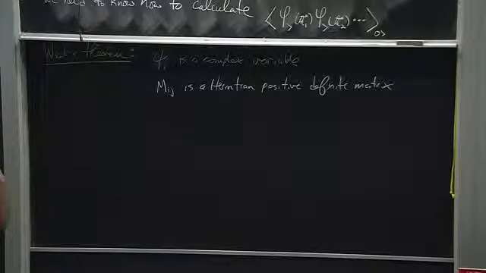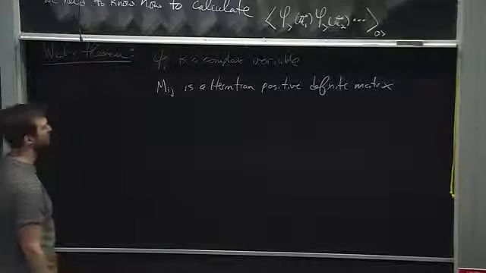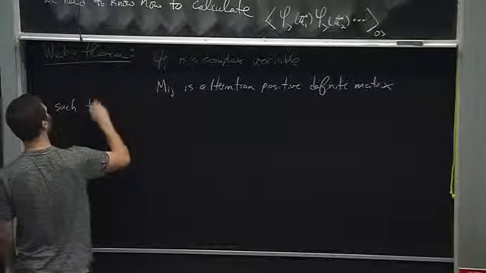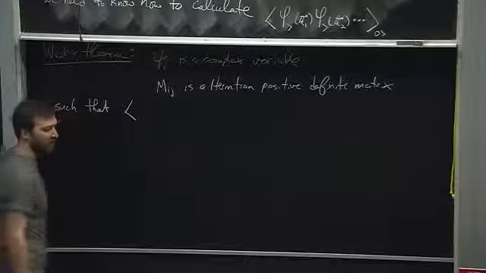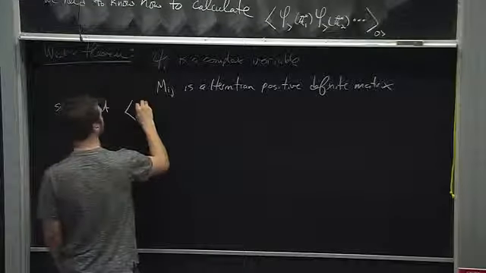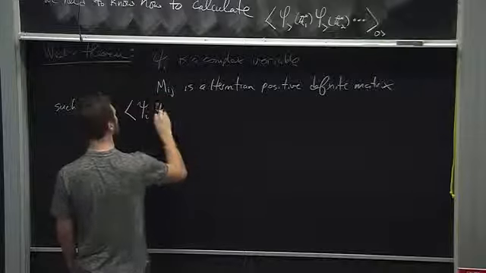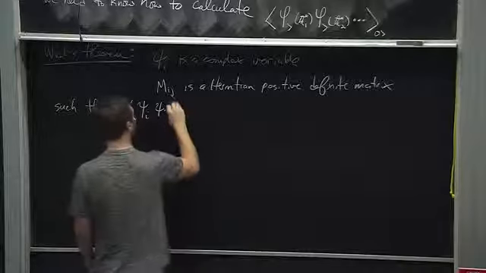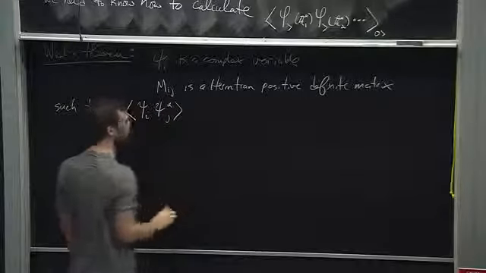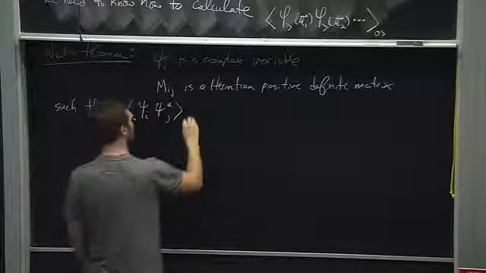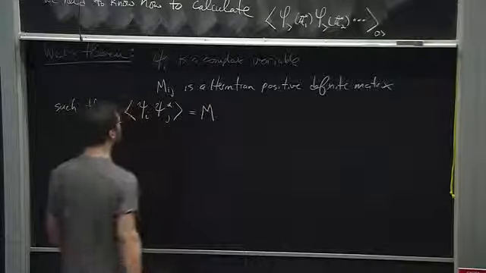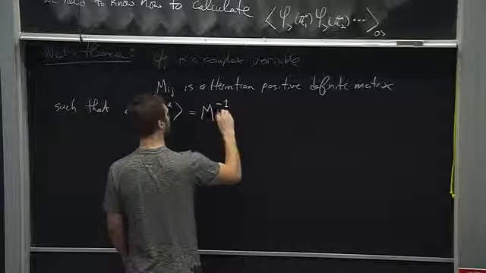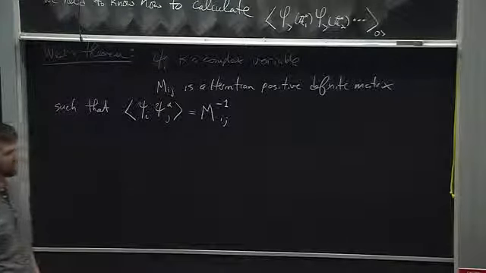The eigenvalues are all positive and non-zero. Such that I have an expectation value of 2 fields. So the analogous thing to that, where I have some fields with this Gaussian expectation value of these 2 complex numbers, whatever they are, I'm just calling that matrix. It happens to be the inverse.